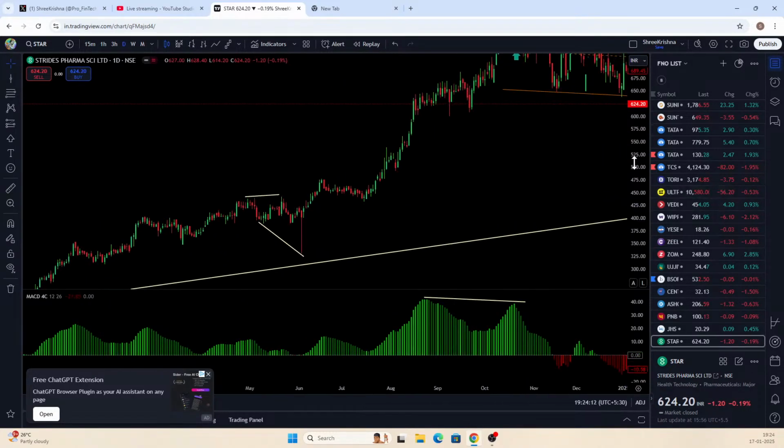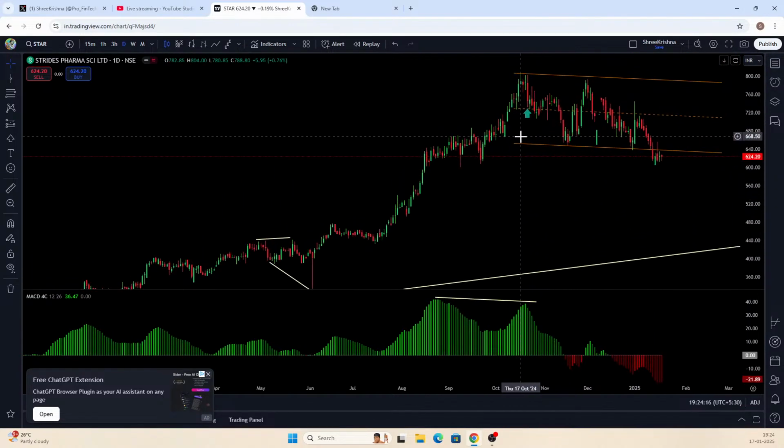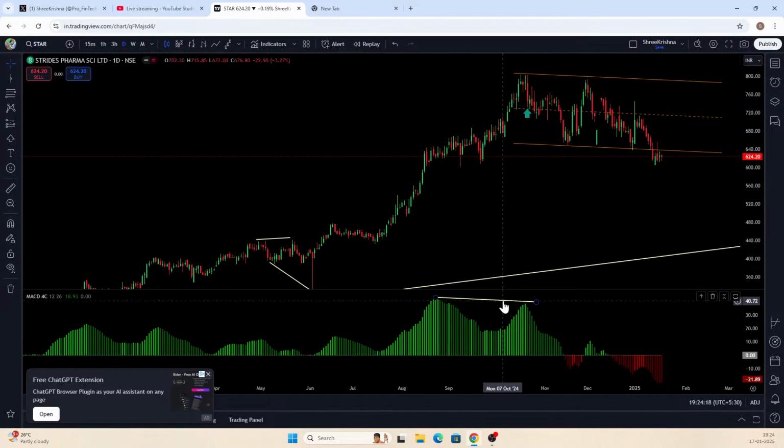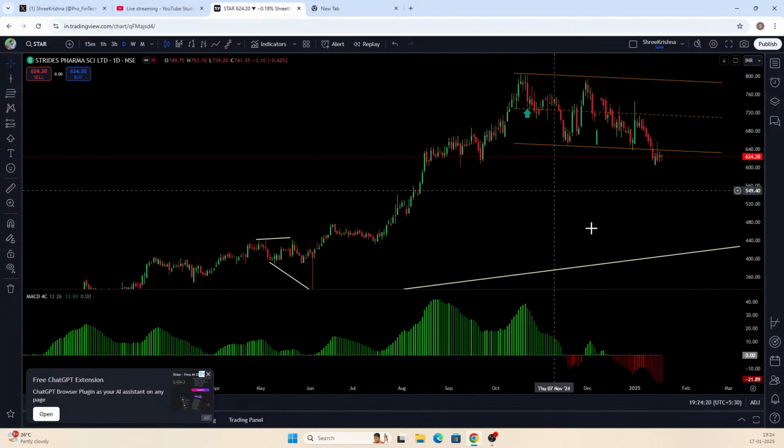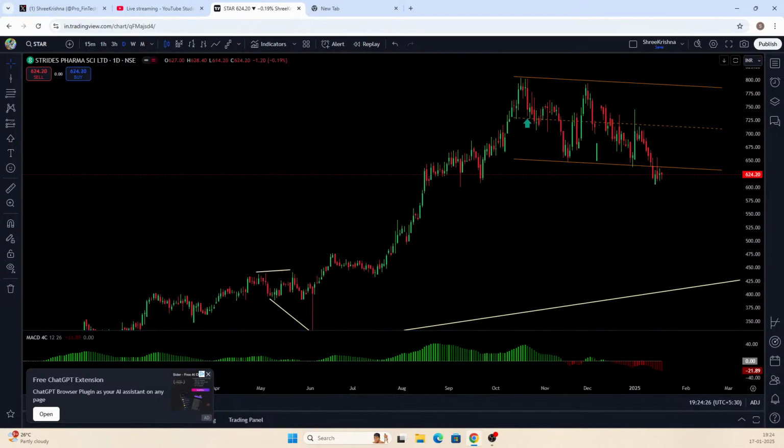Now, the question remains the same. If you know already that this is going to be like this, and you have found a divergence here, can you forecast this pattern before it happened? Can you do that? And the answer is yes. Most of the Elliott wave practitioners do not have this answer, but we have this answer.